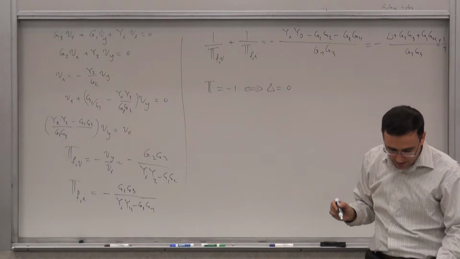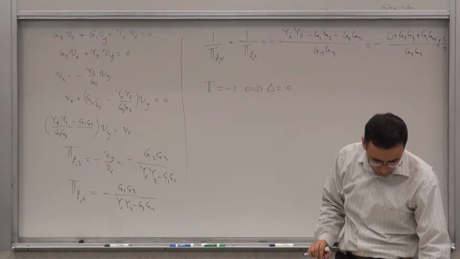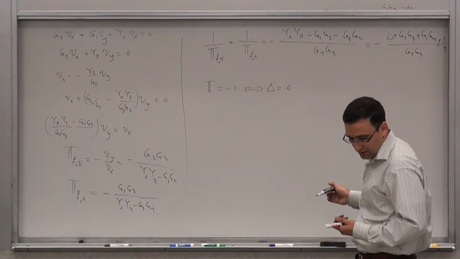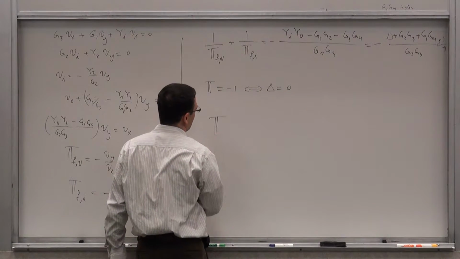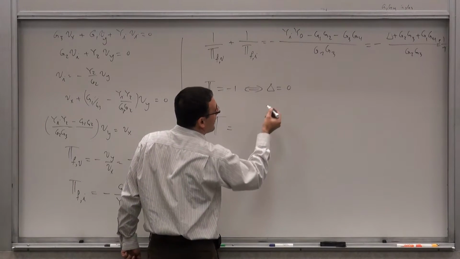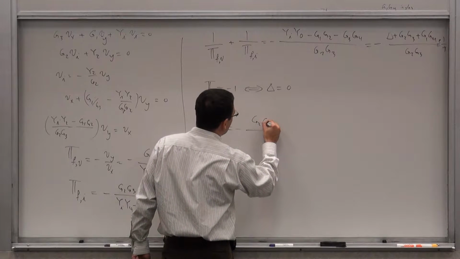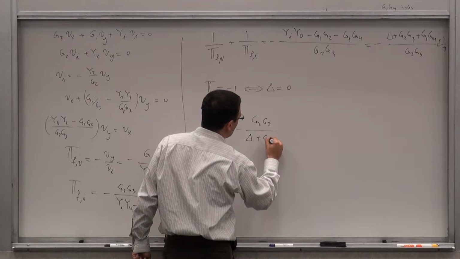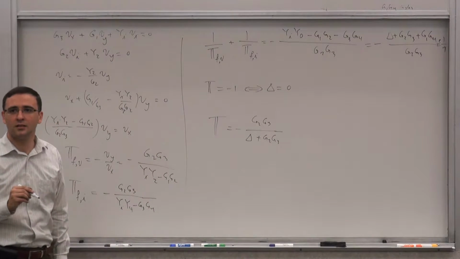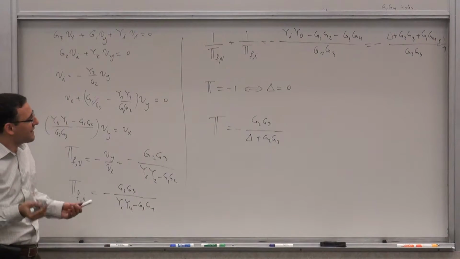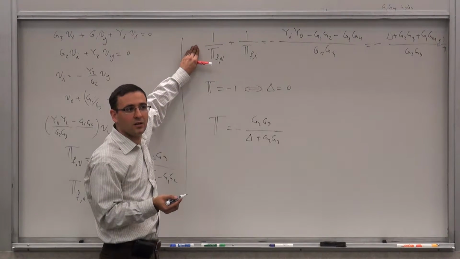So basically then I say, okay, if that's the error term, then my T, if that were to be correct, has to be minus G2 G3 over delta plus G2 G3. Right? To make this happen, I have to add one term to this sum. What is that term?